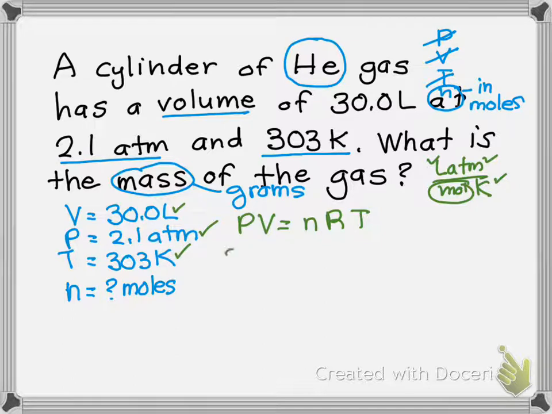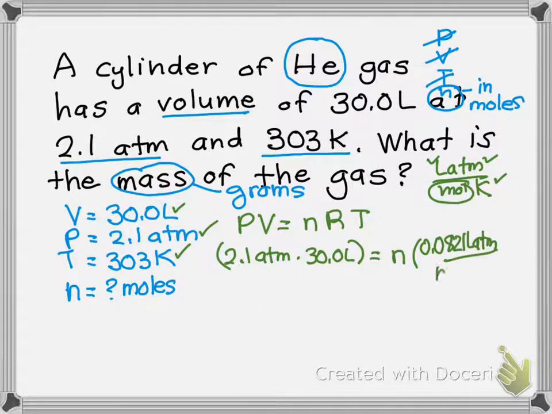So pressure is 2.1 atmospheres times the volume, 30 liters. This is going to equal the number of moles, which I don't know, times the gas constant, times the temperature, which is 303 Kelvin.